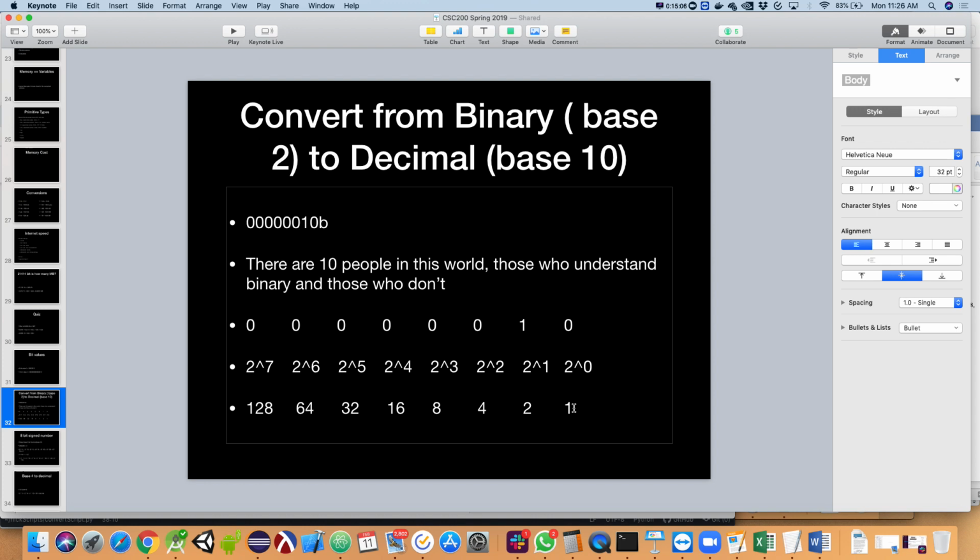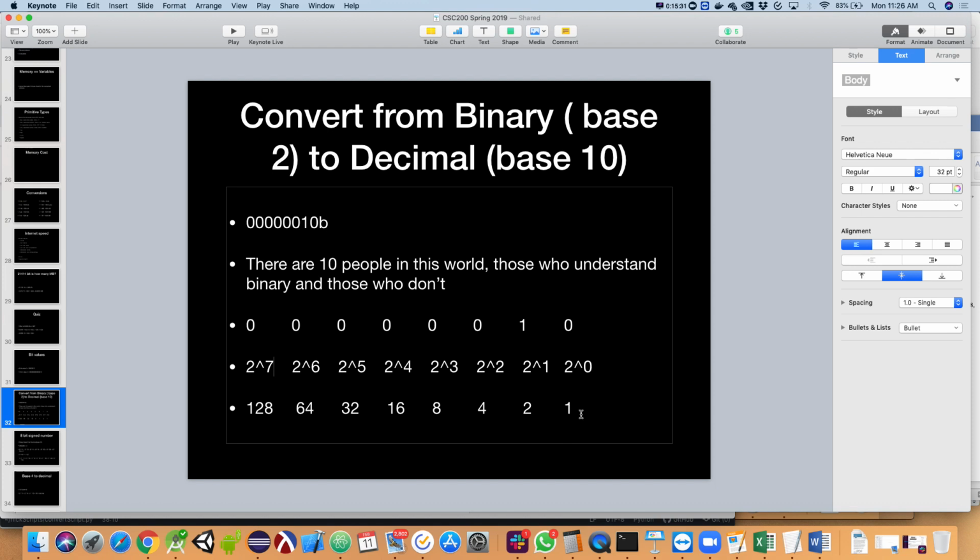Decimal, because humans are involved. Binary, because computers are involved. Octal, you'll understand why at some point in this class. And hexadecimal. Octal's base 8, hexadecimal's base 16. So 2 to the 0 is 1, 10 to the 0 is 1, 16 to the 0 is 1, anything to the 0 power is 1.